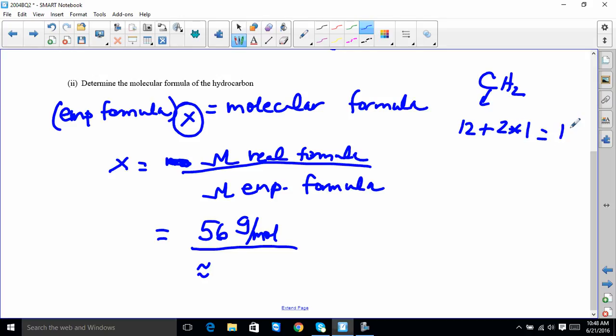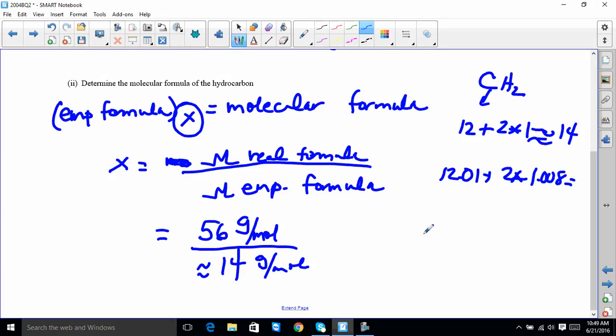And so this is approximately 14 grams per mole. Notice I'm putting approximately. If you were doing sig fig rules, it would be 12.01 plus 2 times 1.008. This has 2 decimal places. This has 3. Probably should have 14.03 here, but everything in formulas has to be whole numbers.